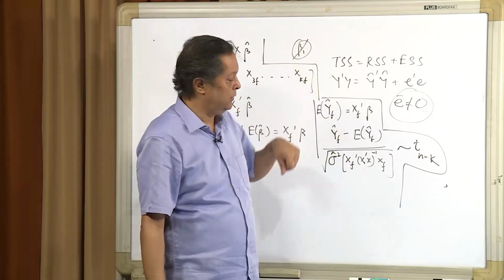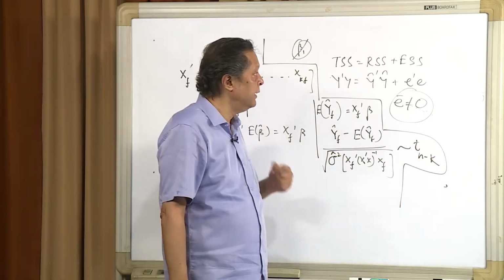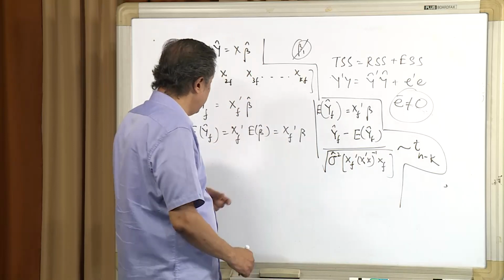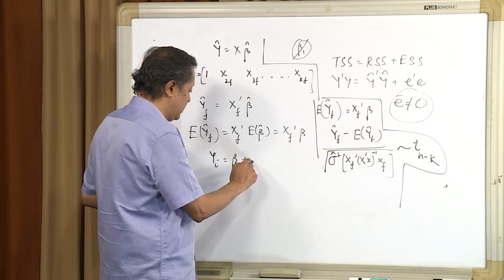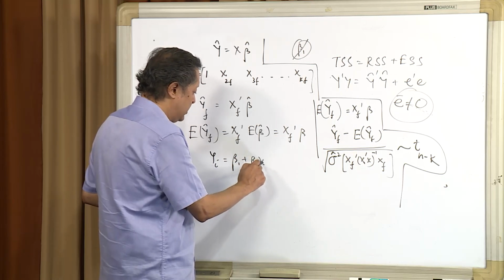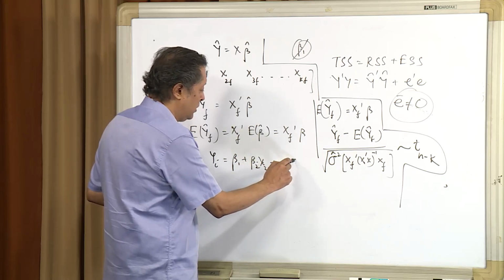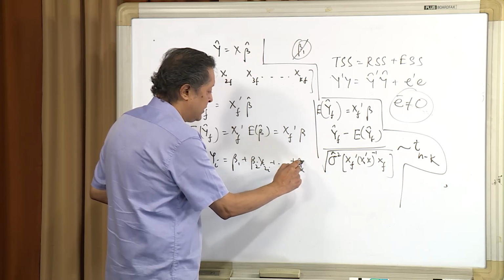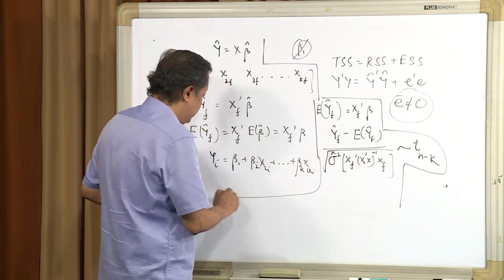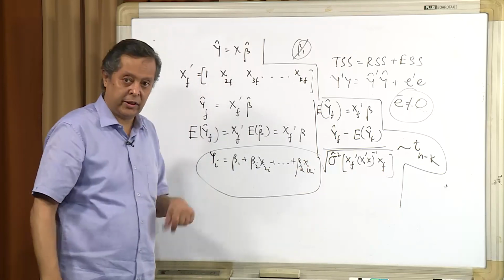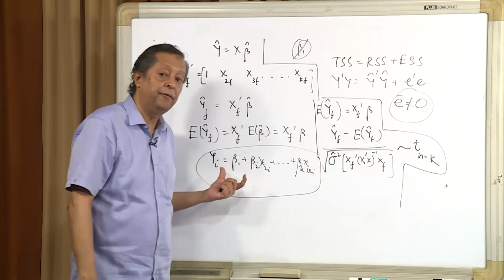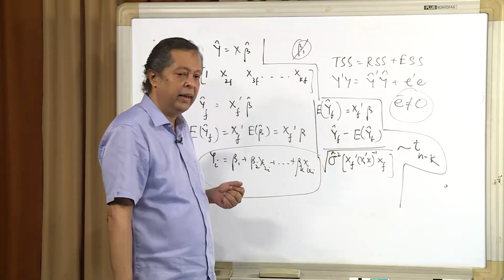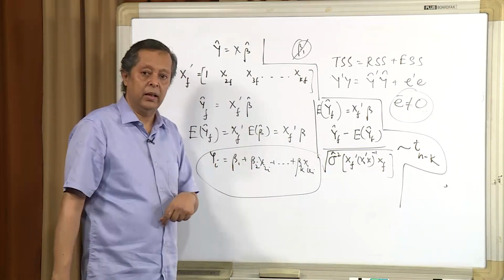All other procedures are very similar, only thing is this model cannot be expressed in deviation form. Finally, whenever we run a regression, we have y_i is beta 1 plus beta 2 x_2i plus dot dot dot beta k x_ki, but these are measured in some units. So, sometimes for analytical purposes we want to make it free of units, which is why we standardize these variables.